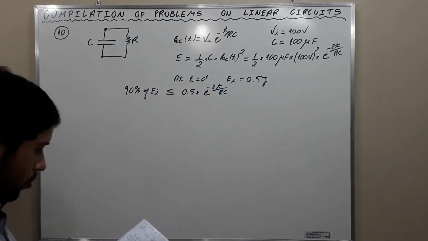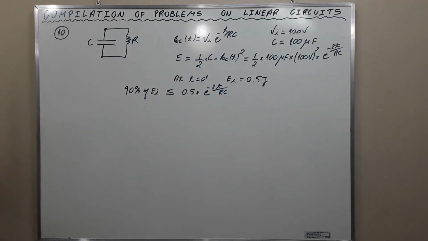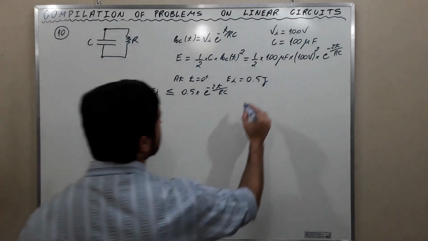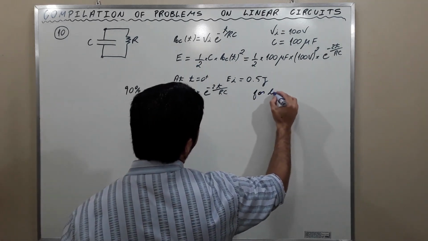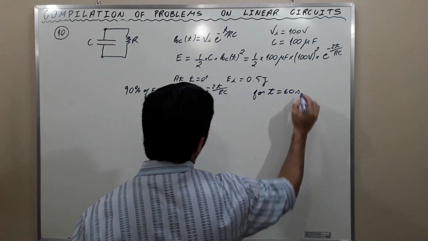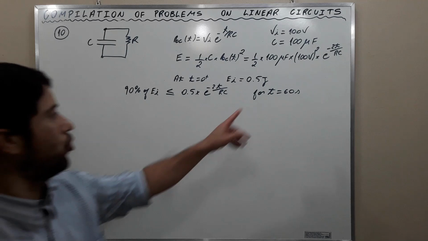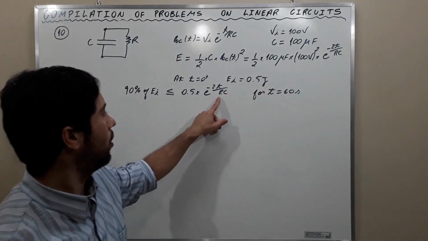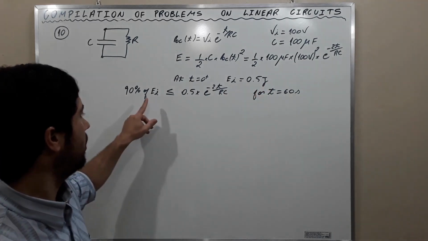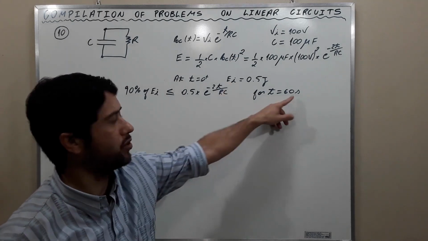And 1 minute is 60 seconds. For t equal to 60 seconds, okay, we are going to work with SI units, the international system, okay, joules, ohms, farad, and for time we use seconds.